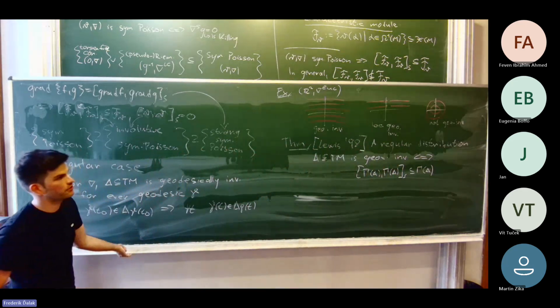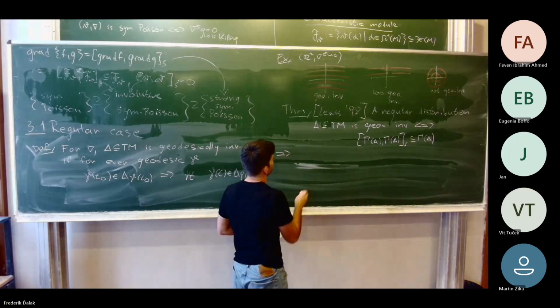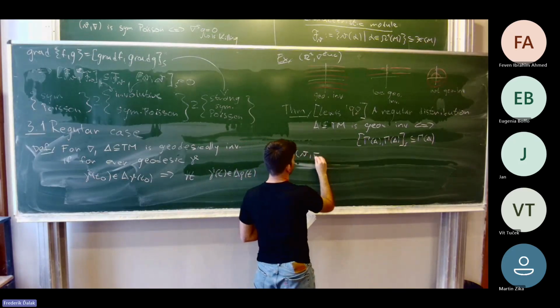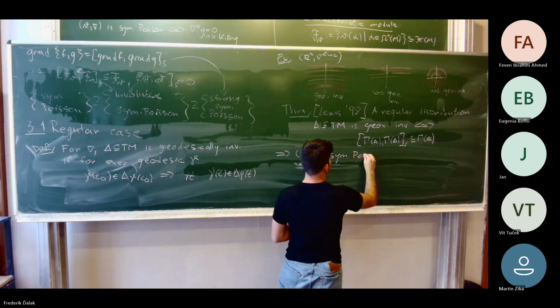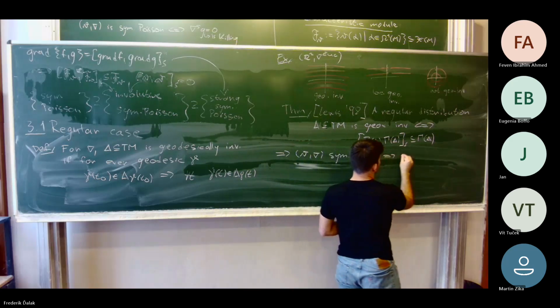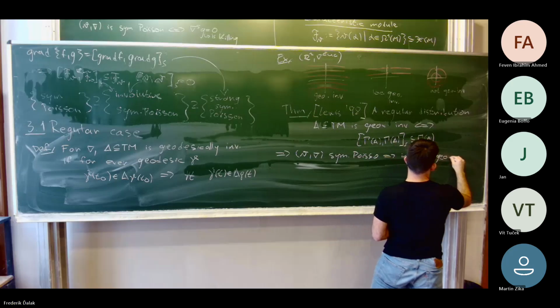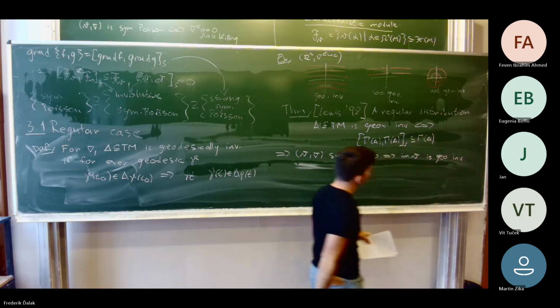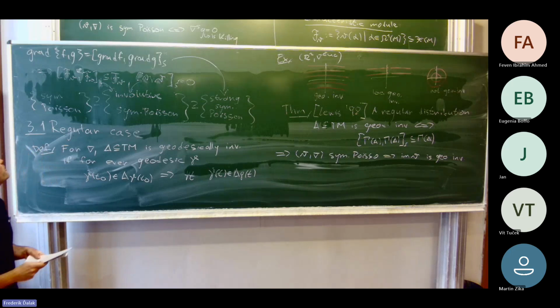Again, this has an immediate consequence for our theory because it tells you that when I have symmetric Poisson, then this distribution is geodesically invariant. Great.